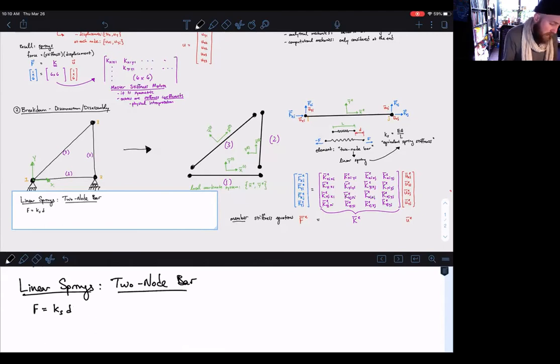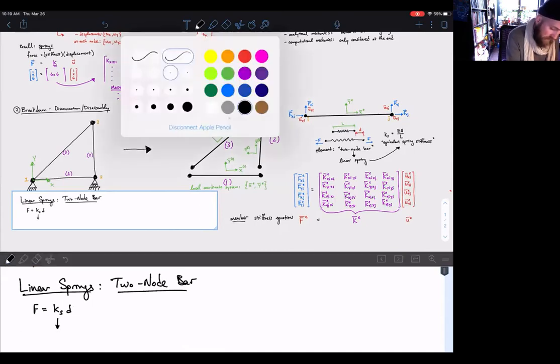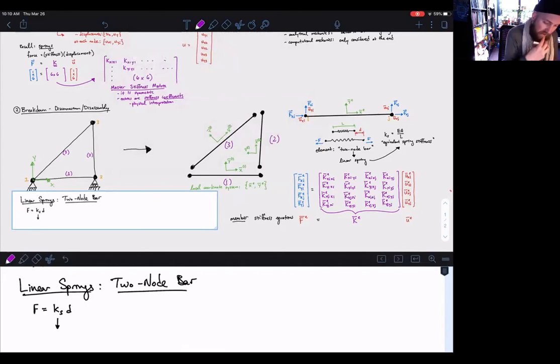Now we already know that our stiffness can be written in terms of the effective or equivalent spring stiffness, EA over L.